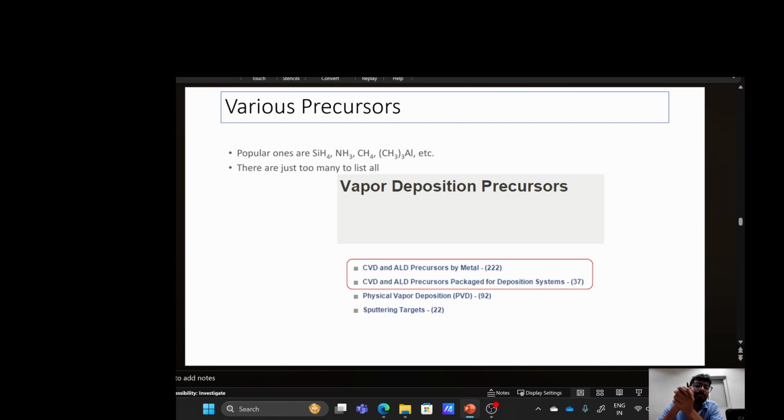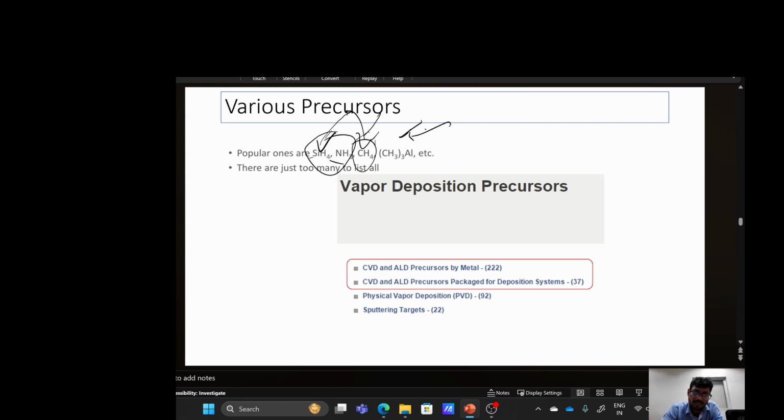There are various precursors available in the market which you can use for the CVD and ALD processes. Silicon hydride, NH3, CH4, trimethyl aluminum. For deposition of silicon nitride, you can use silicon hydride and NH3. For silicon carbide, you can use silicon hydride and methane.